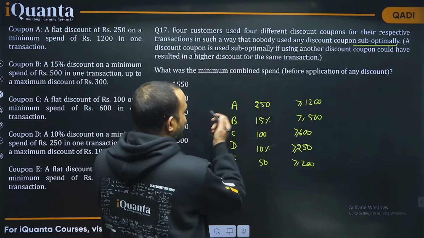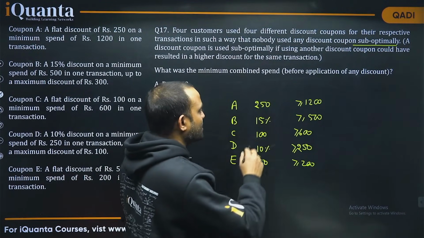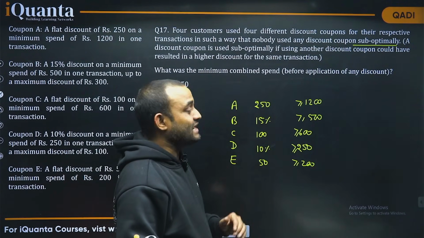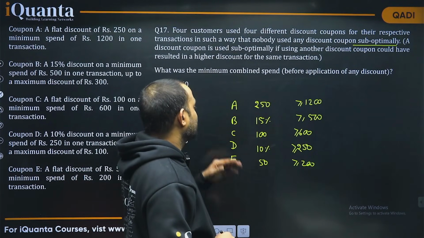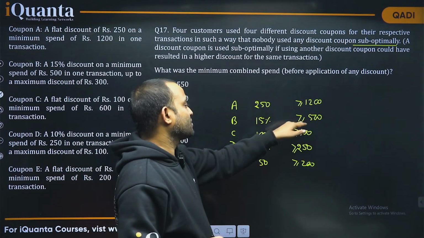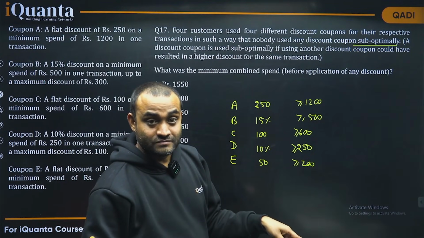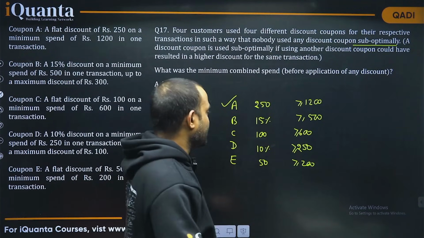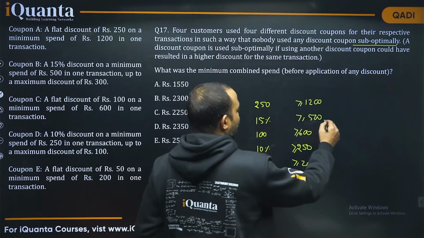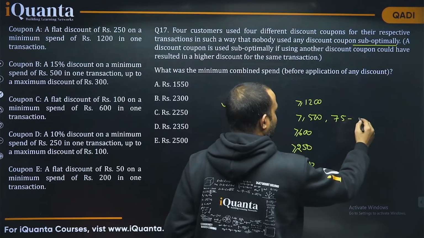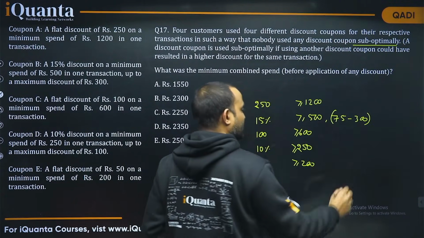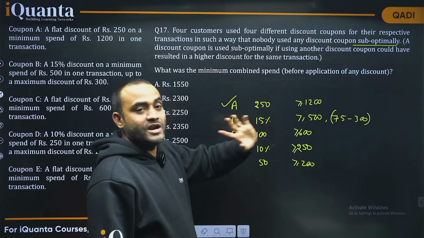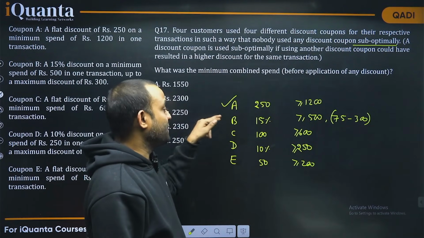Now in case of A, what we can say, 250 rupees discount out of 1200. Is there any discount that is giving us 250 or more than that if 1200 is spent? In case of B, if you spend 1200, you are going to get 15%, that is 180. So definitely that is less than 250. So coupon A must be used, right? Now in case of B, minimum at 500, discount is 75 and maximum 300, right? So at 500 rupees, anyone will use discount coupon B, right?